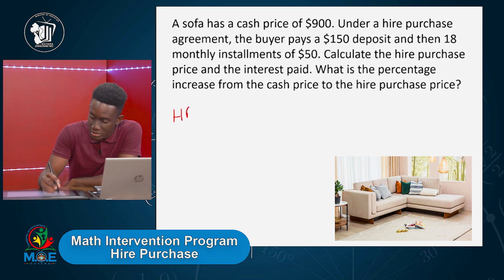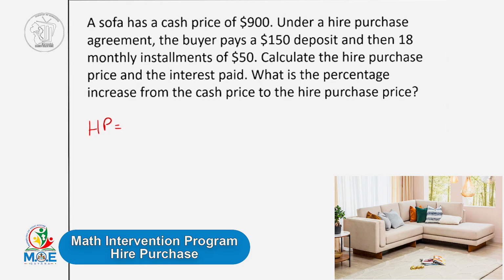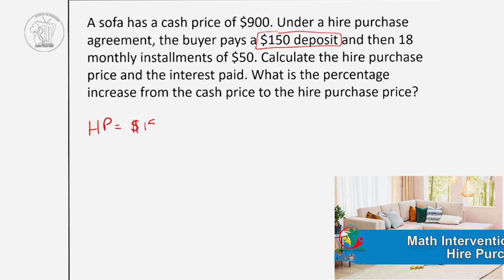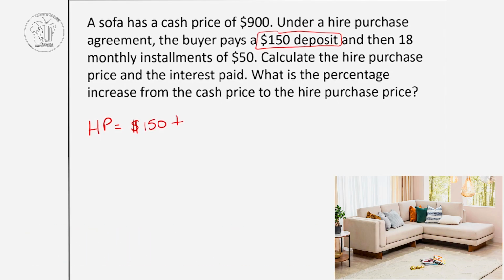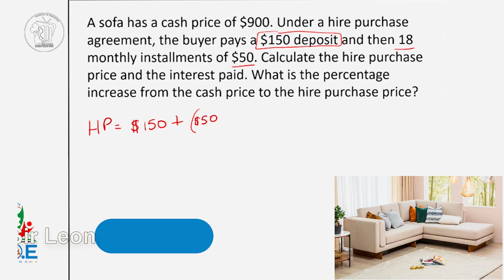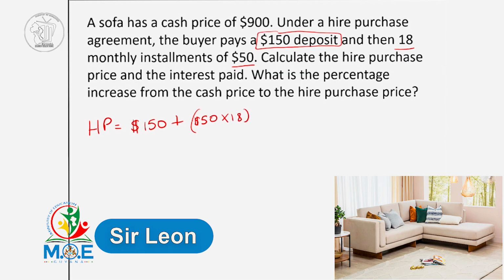So hire purchase would be, we see the deposit of $150, so a down payment of $150, plus we see they have to make 18 monthly installments of $50, multiplied by 18.